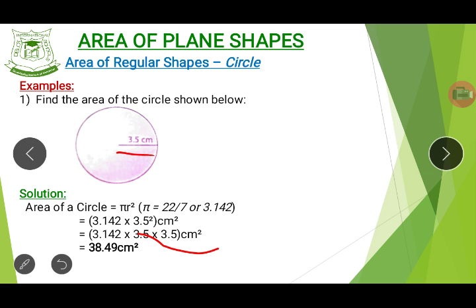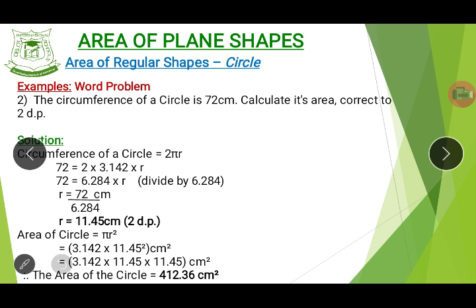That's correct to 2 decimal places. Actually, what you get is 38.4895. So approximately we have 38.49 centimeters squared. All right, so that's that about that. Let's look at another example.